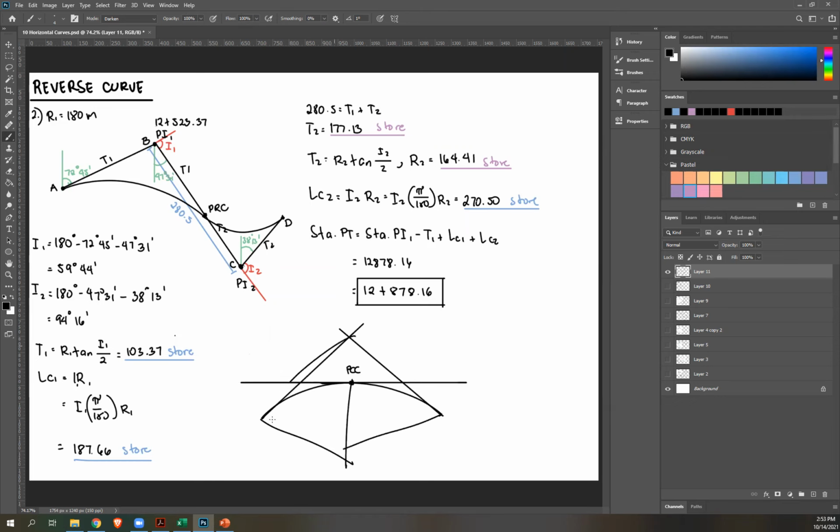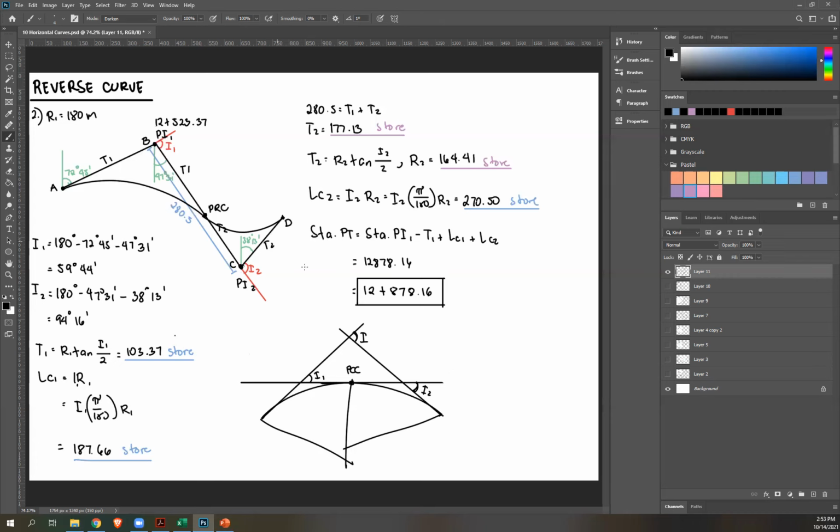Again, angle of intersection of those two is I. But this is a compound curve, so I1. This is your second curve, so this one is I2. And then a combination of that over here where the back and forward tangent of both curves intersect is I. Okay? And then does that explain or reduce your confusion in I?